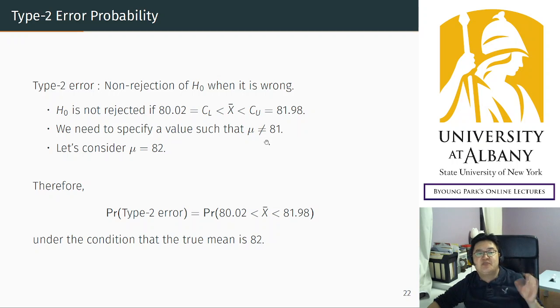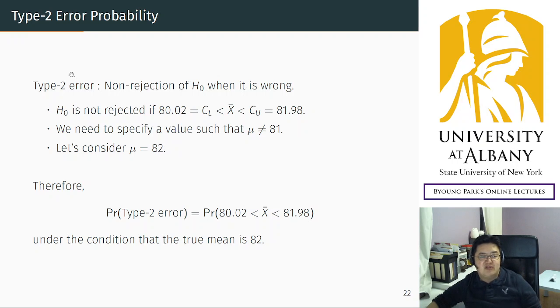So we have to specify a specific value. Here as an example, we are going to consider 82, but you may use 83, 84, 1000, 1 million. Any number can be substituted here, right? And I will show you how to derive the probability with this number.